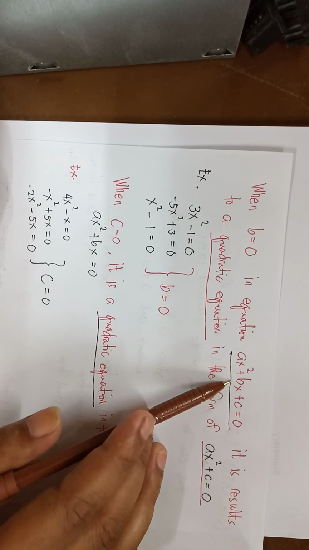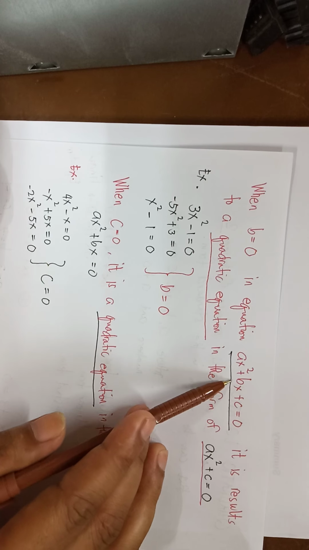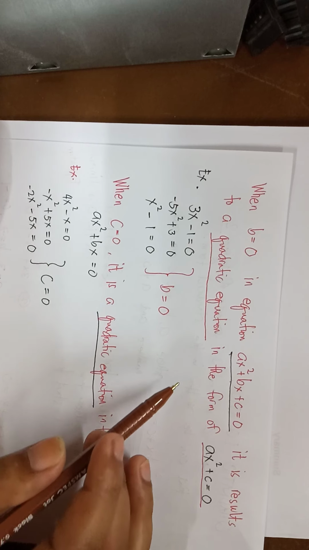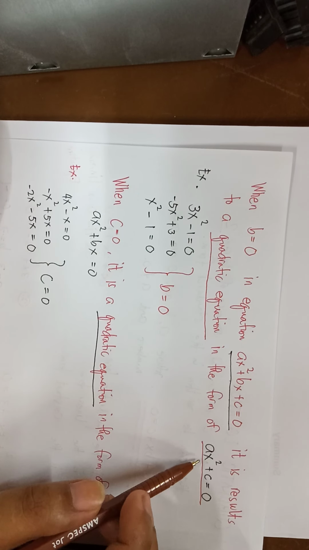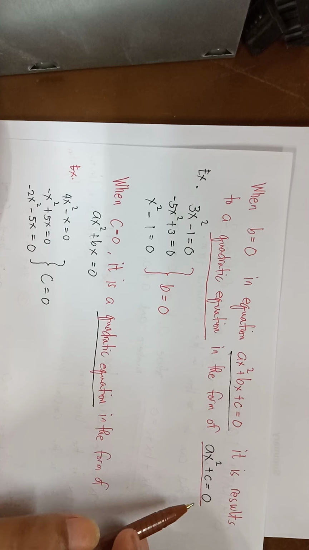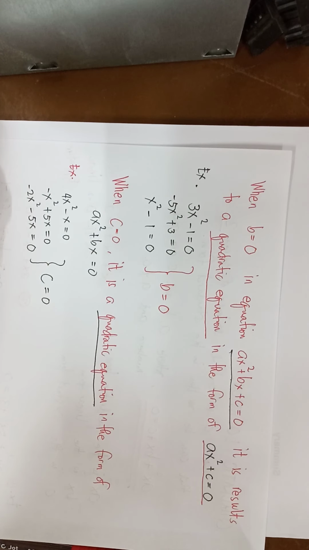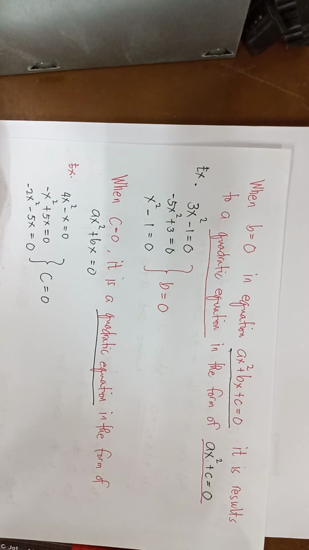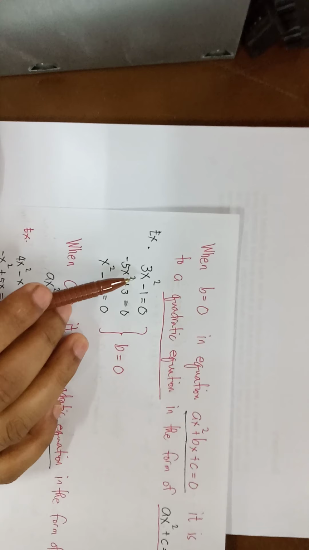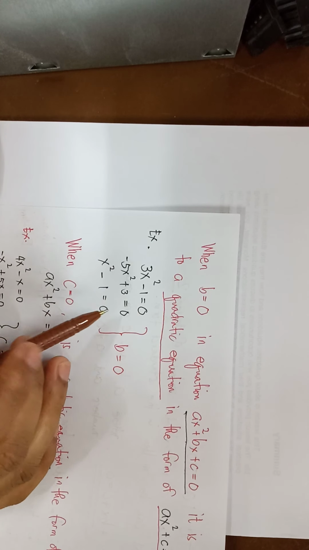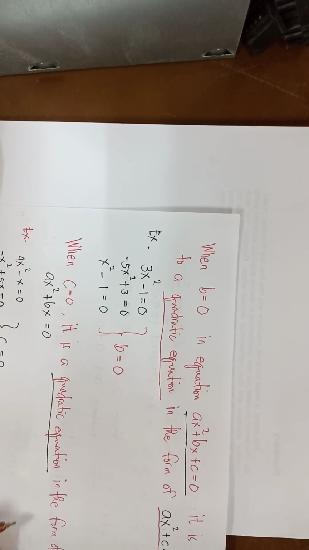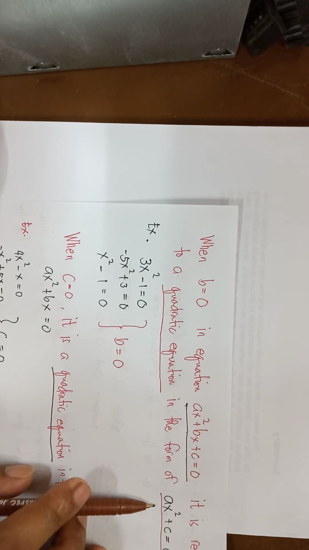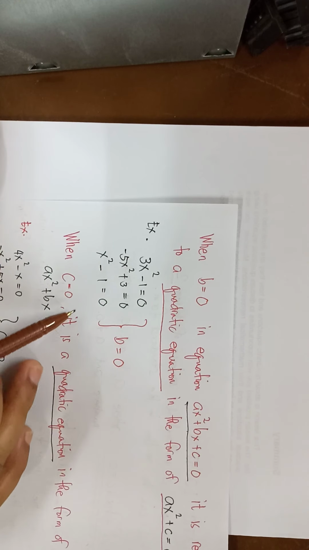It doesn't matter if the value of b is 0, it is still called a quadratic equation in the form of ax squared plus c equals 0, since b is equal to 0. Say for example, ax squared minus 1 equals 0. That is in the form of ax squared plus c equals 0. It is still a quadratic equation.